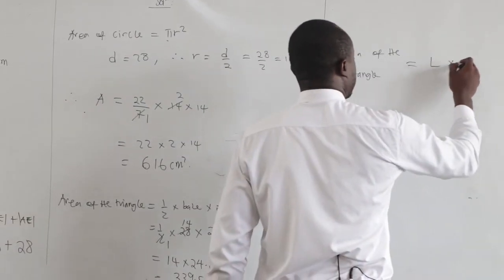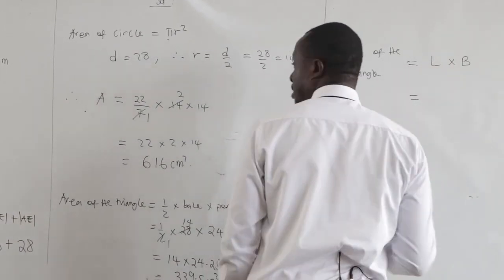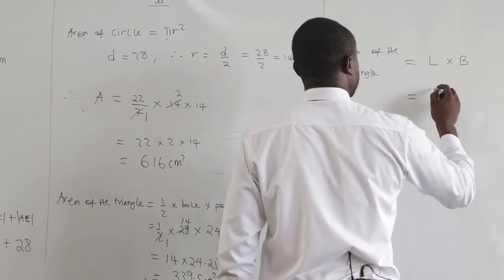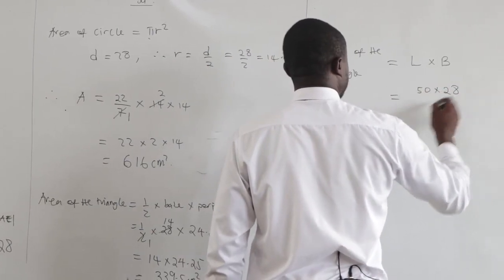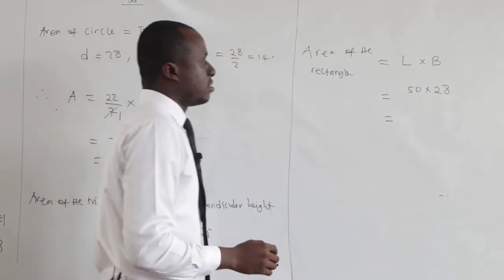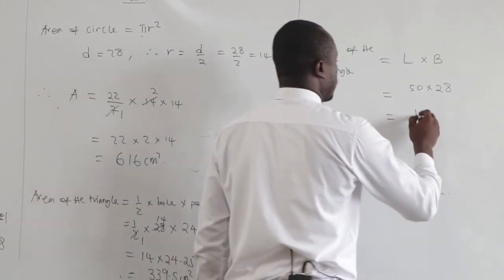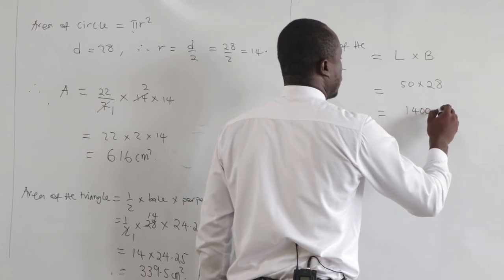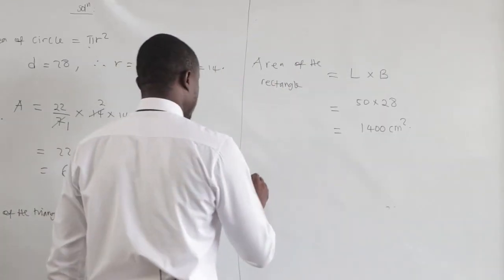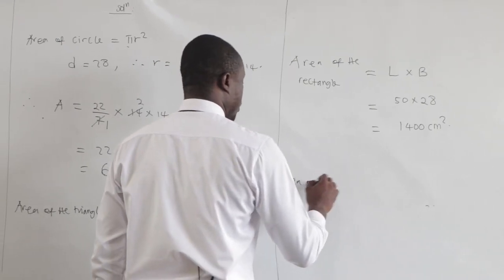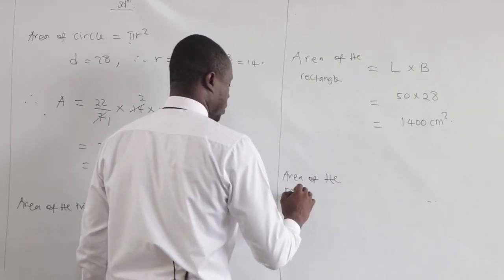So we can say 50 times 28, and this will give us 1,400 centimeter squared.